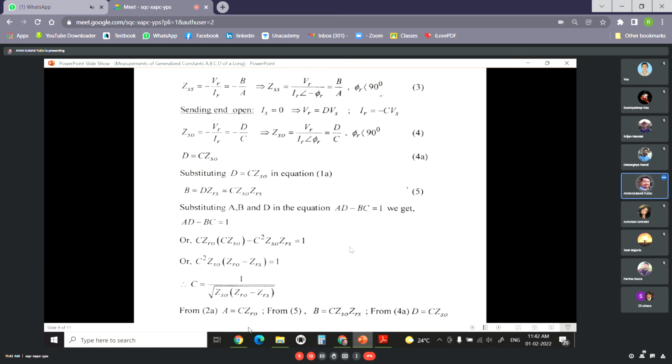You will see that in a symmetrical case A will be more or less equal to D, and in the asymmetrical case A should not be equal to D. That's how you can differentiate between the symmetrical and asymmetrical case. That is your report. And in the last part, in the remarks section, you can write what you have understood from this ABCD parameter experiment.